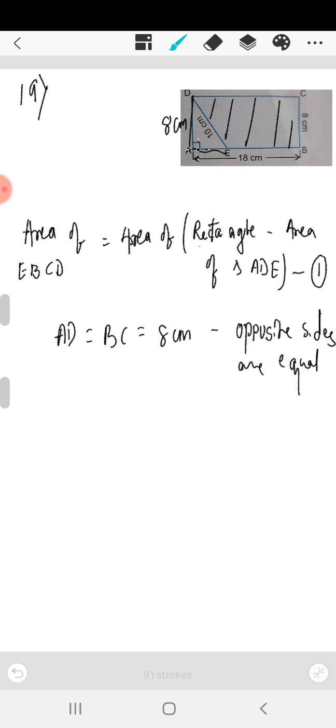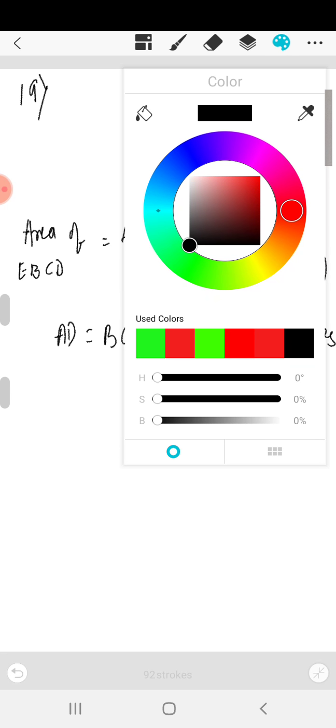Now we will find out this base AE by Pythagoras theorem.